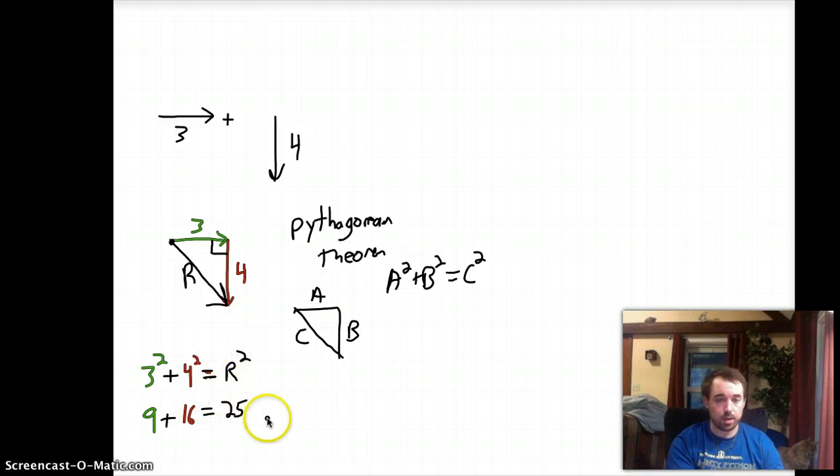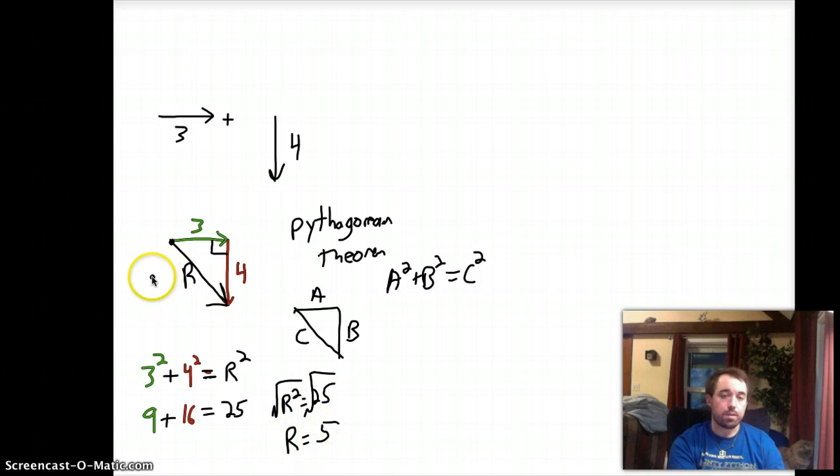So R squared equals 25, and we're going to take the square root of both sides. This is a length, so we're always going to just take the positive value. So R is 5. So this is a 3, 4, 5 right triangle for this example.